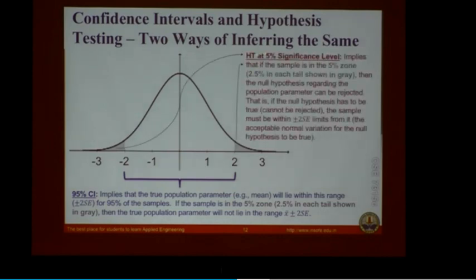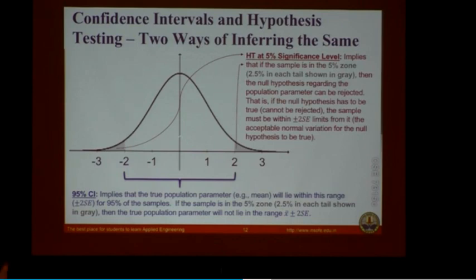Hypothesis testing. And I am doing 5% significance level. So this is 5%, 2.5% here, 2.5% here. The way we are doing the test, what we are saying is, if a sample falls in this zone or in this zone, then I reject the null hypothesis that the population mean is here. And for the population mean here, I am willing to accept anything up to here and here as an acceptable value.